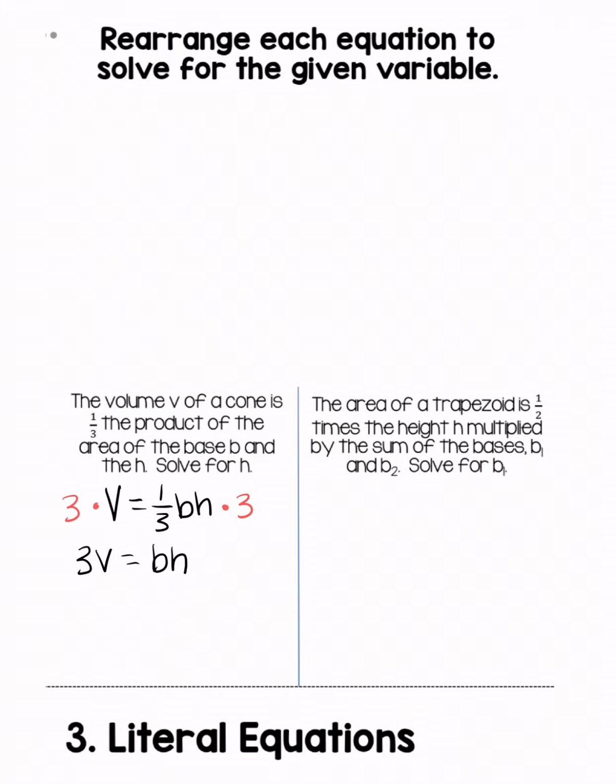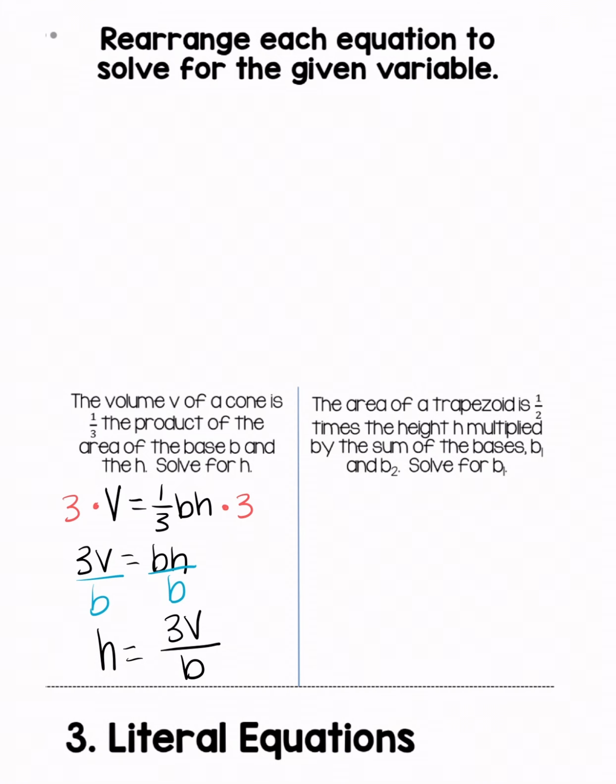If you need to check that, 1/3 times 3 is 3/3, which is 1, so that part will go away, because 1 times anything is itself. Then I want to get h by itself, so the last thing I need to get rid of is the b, so I'm going to divide by b. So h is equal to 3 times the volume divided by the base.